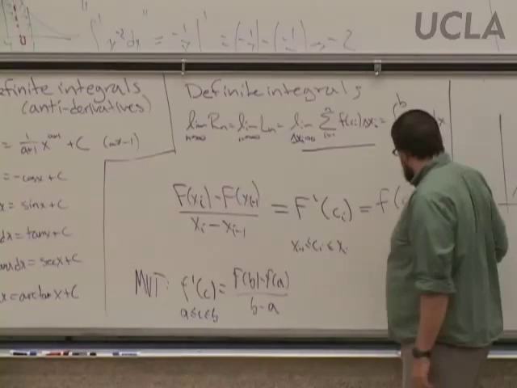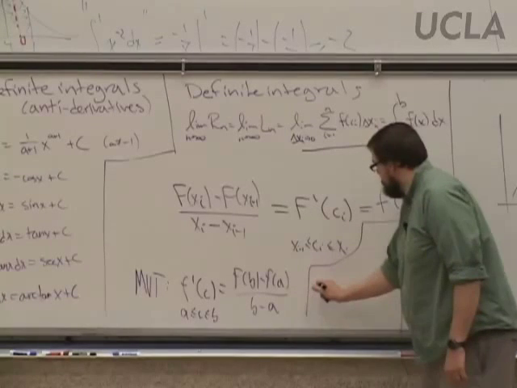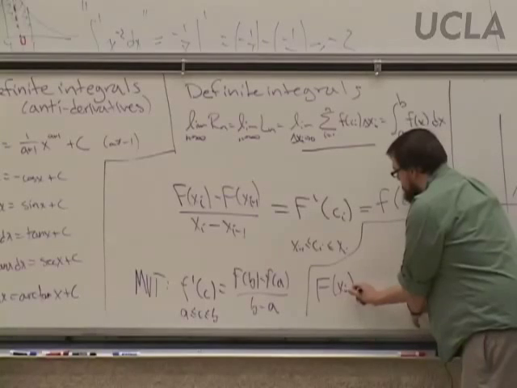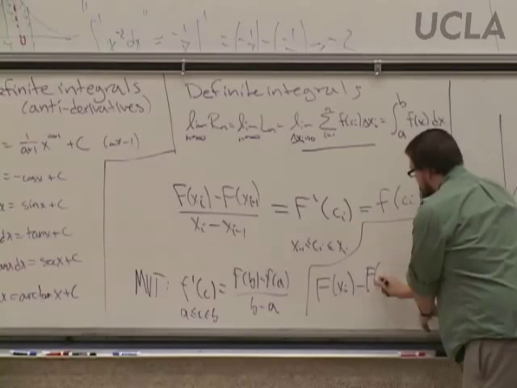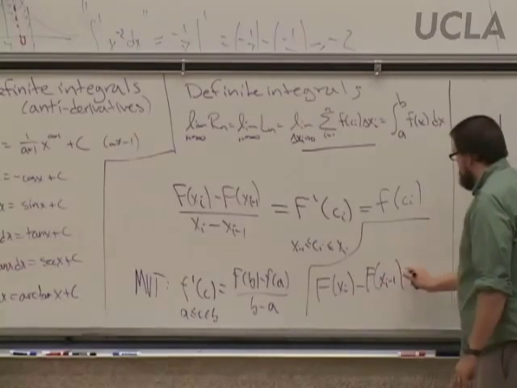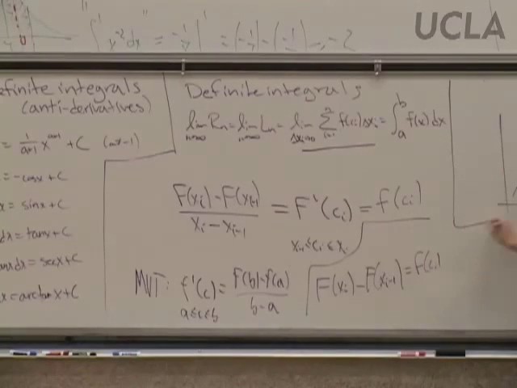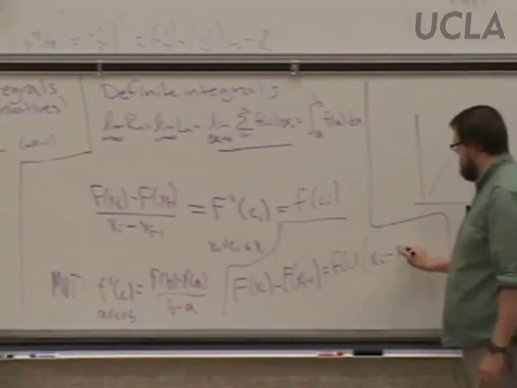So what does that tell me? That tells me that capital F of x_i minus capital F of x_{i-1} is little f of c_i times what's in the denominator on the other side, x_i minus x_{i-1}.